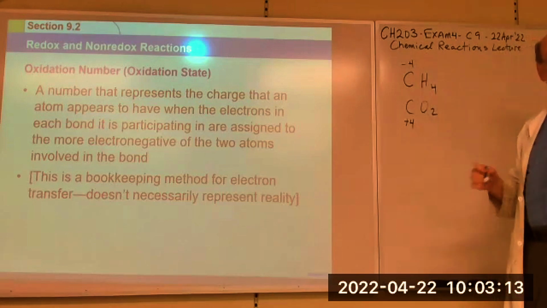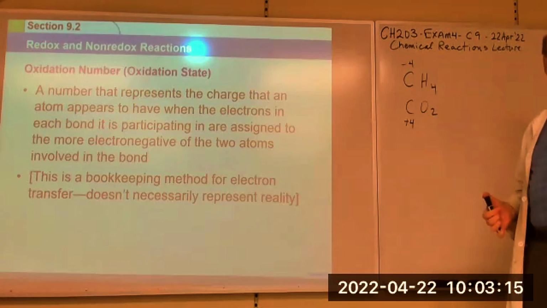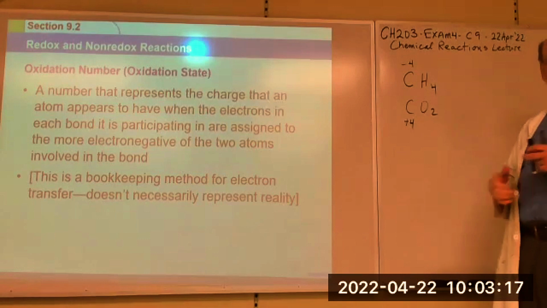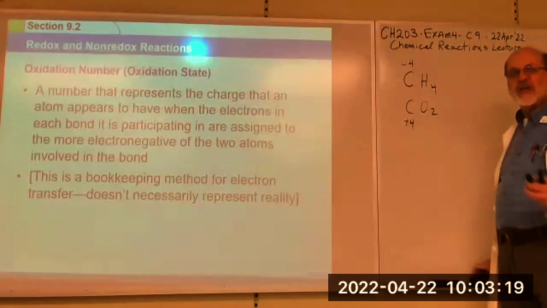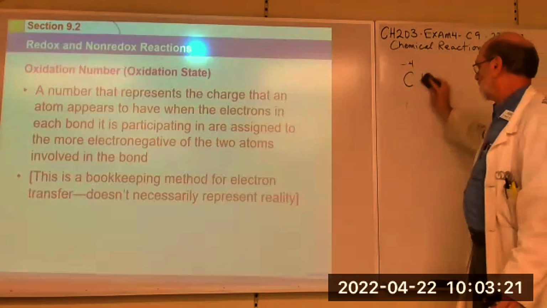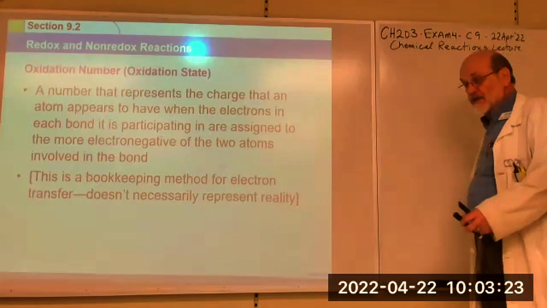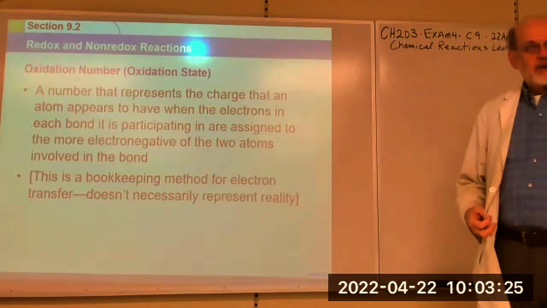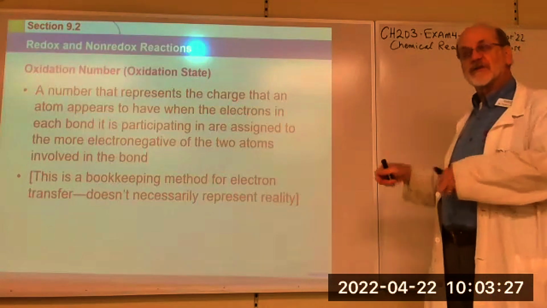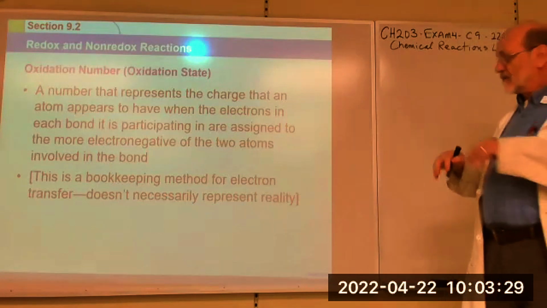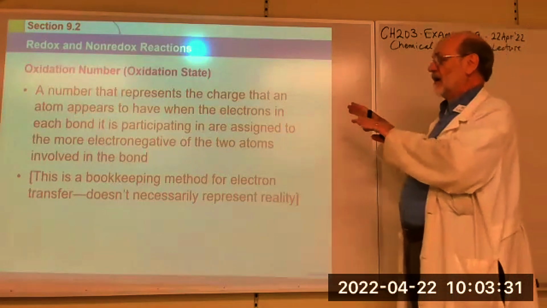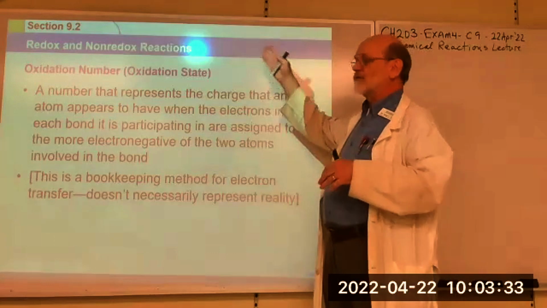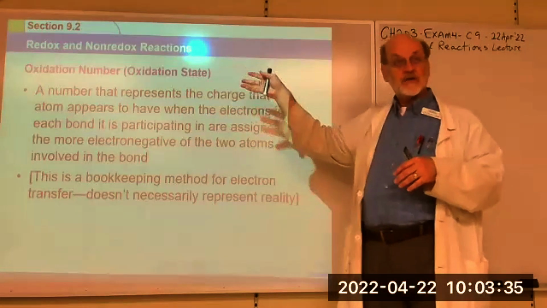Right? So they have different oxidation numbers, but we know they're not charged because they are covalent compounds. It's a bookkeeping scheme, and it's one of several that are available. It's just that this one is the easiest to learn, and it satisfies the requirements we need for redox reactions.